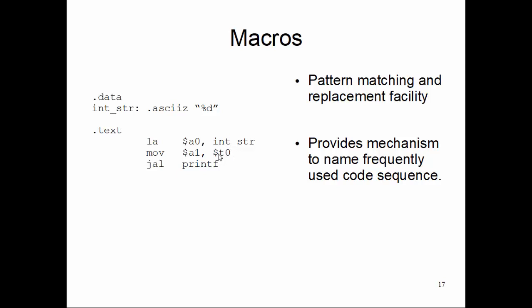Later we'll see this $T0, $A1, these are all registers. We'll see it down the line in the next successive lectures. But for the time being, let's say all these dollar things are variables, just for our understanding.